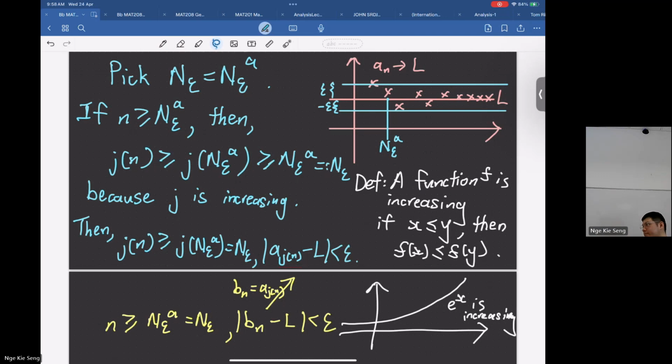An increasing function, greater or equal to n.